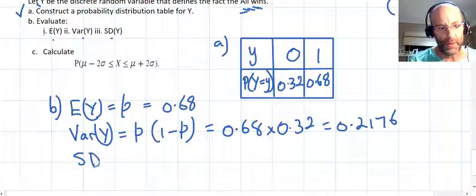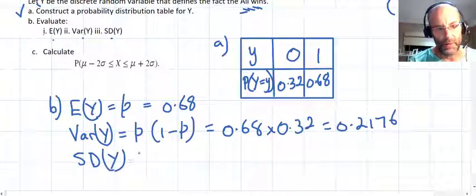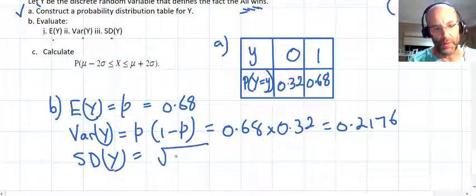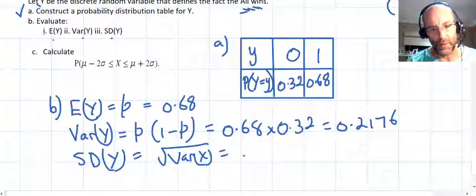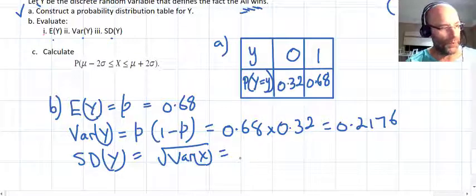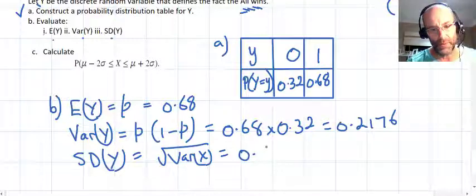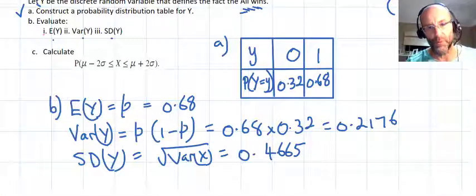Okay, so the standard deviation is the square root of the variance, and we have the square root of 0.2176, which is 0.4665, I get, rounded to 4 decimal places.